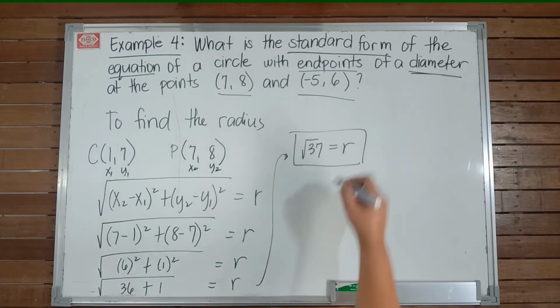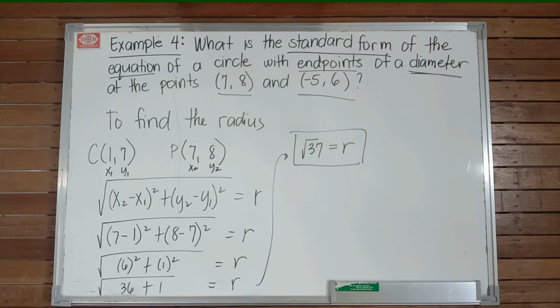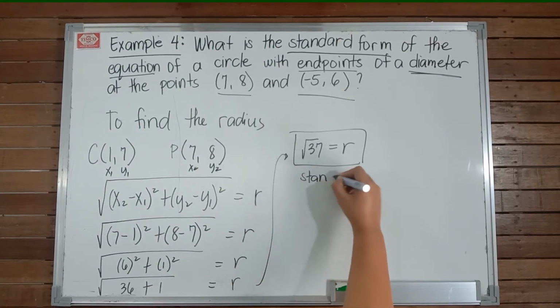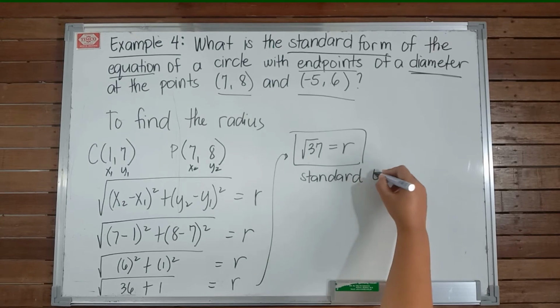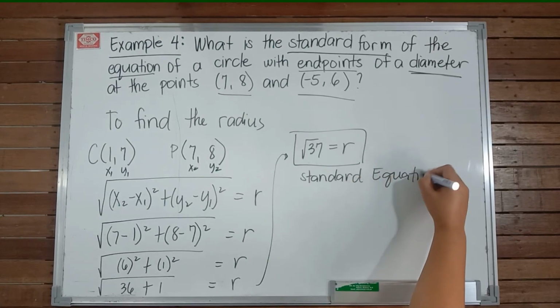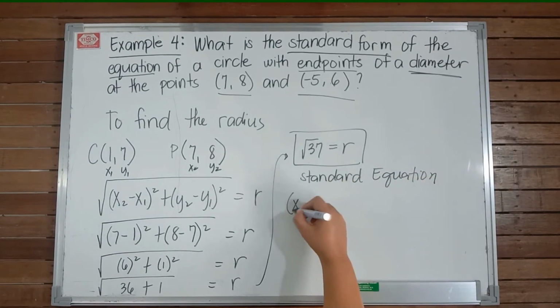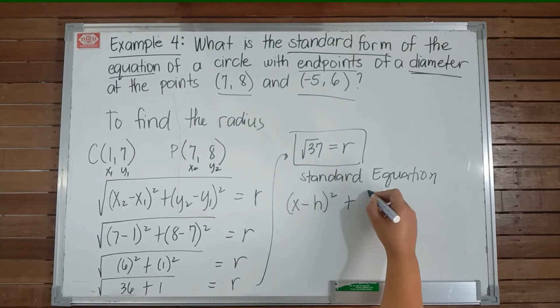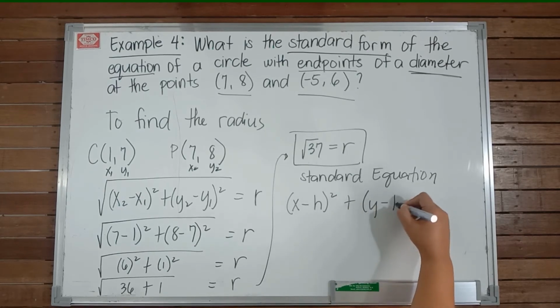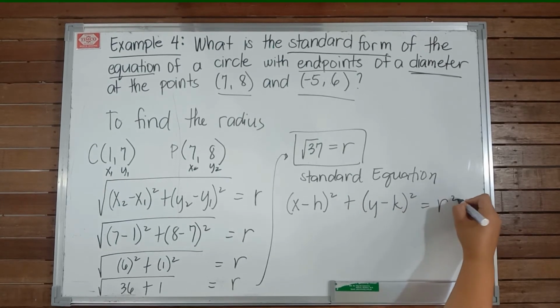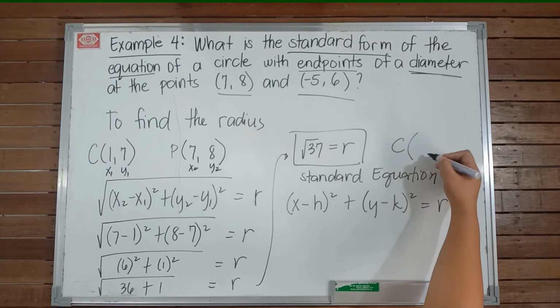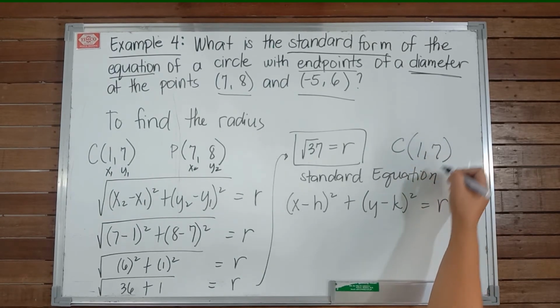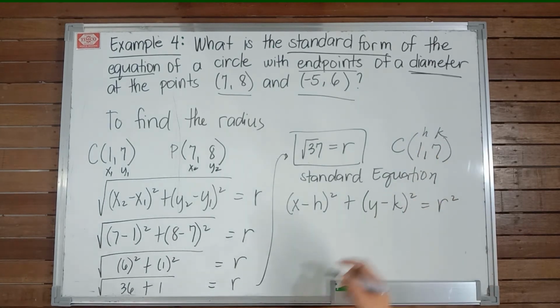So, kompleto na yung ating mga given para mabuo natin yung standard form ng ating equation of a circle. So, we have our center and we have our radius. So, now we are ready to write our standard equation. x minus h squared plus y minus k squared equals r squared. So, our center is 1, 7. So, that is our h, k.